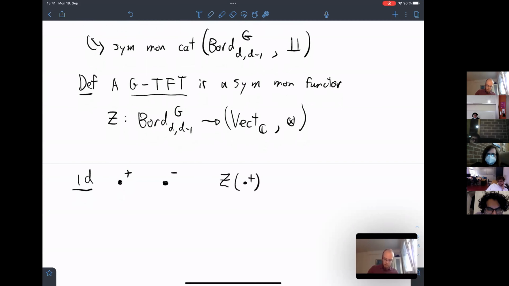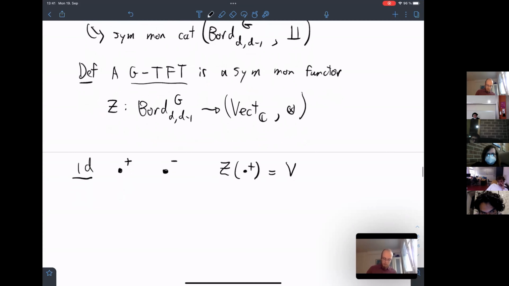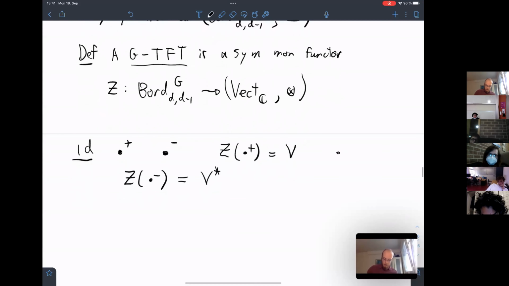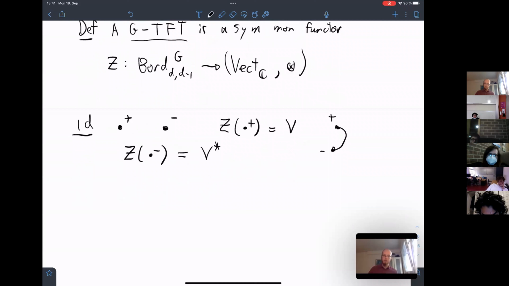And so this recipe tells me that if I have a TFT, then this is some vector space. And it turns out that you can show that the other point is the dual, and they are in duality via these half circles like this. So this is actually a finite dimensional vector space.